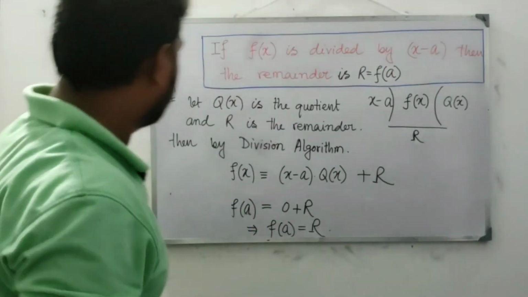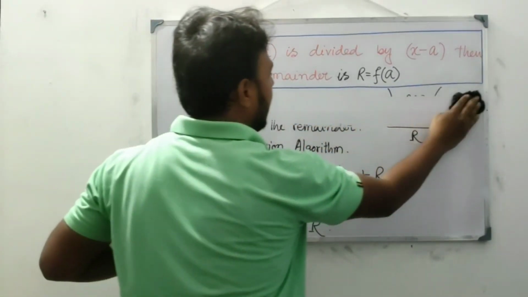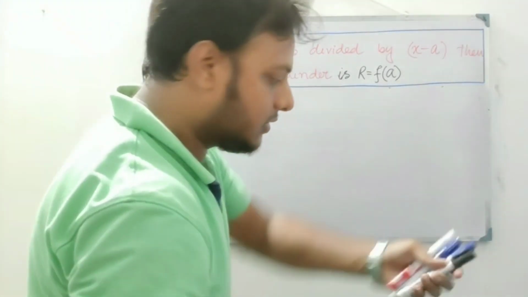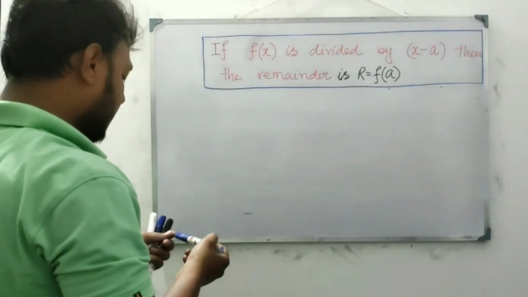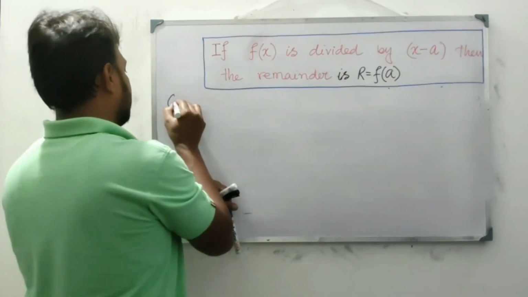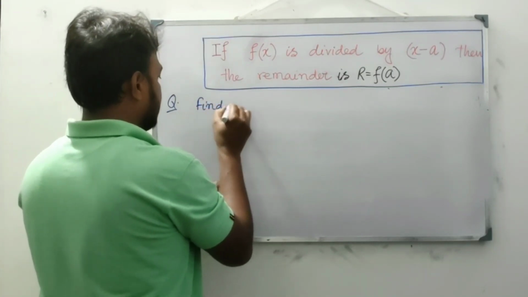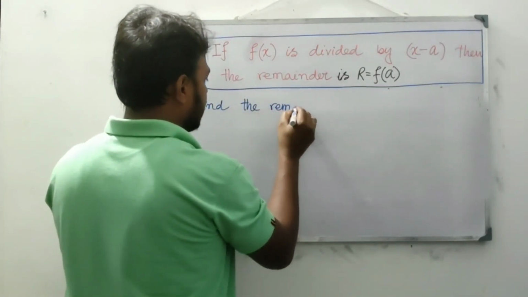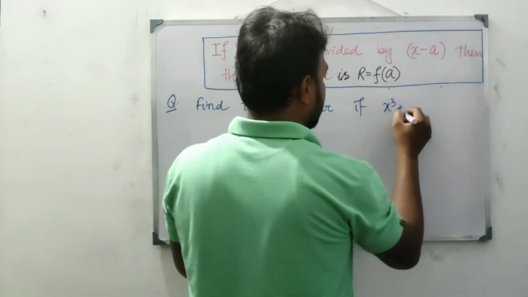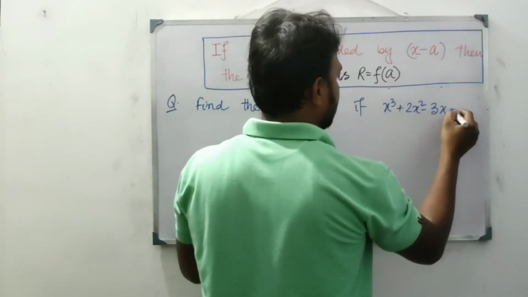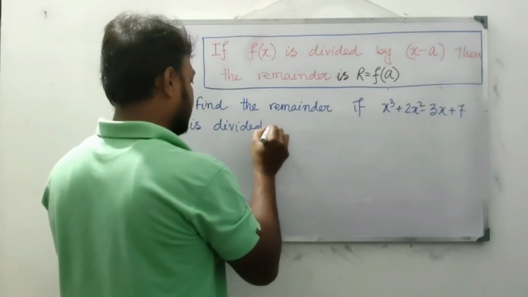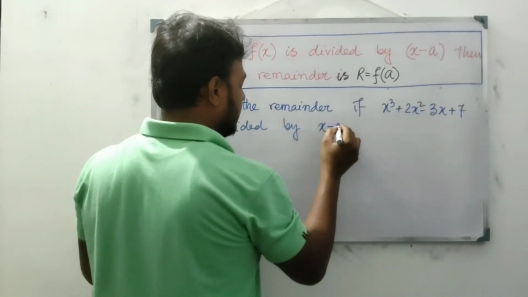I am considering an example. Suppose the question is: find the remainder if x cube plus 2x square minus 3x plus 7 is divided by x minus 1.